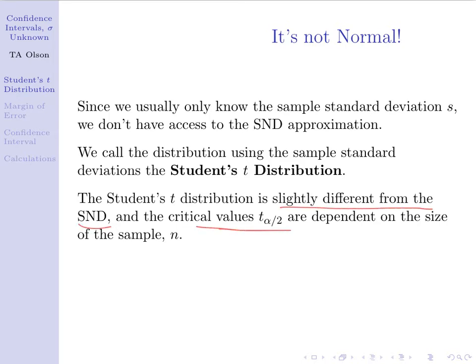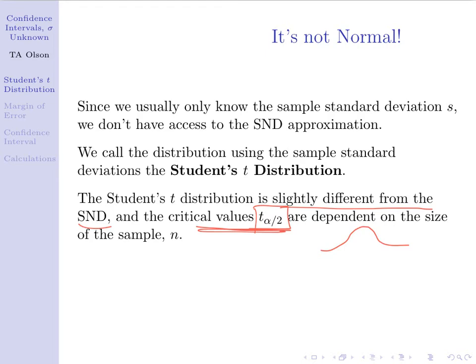And the critical values that come from it are going to be called t alpha over 2's. They're going to be dependent on the size of the sample. So the shape of the distribution changes slightly based on how big our sample size is. For a generic standard normal distribution, it doesn't. The width of the peak does, but the shape itself does not.